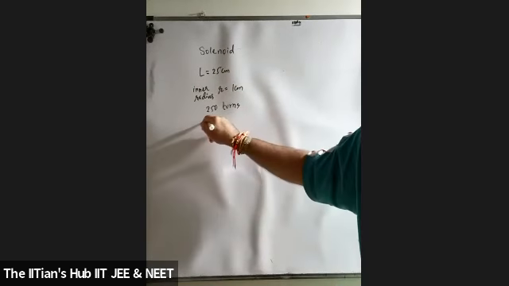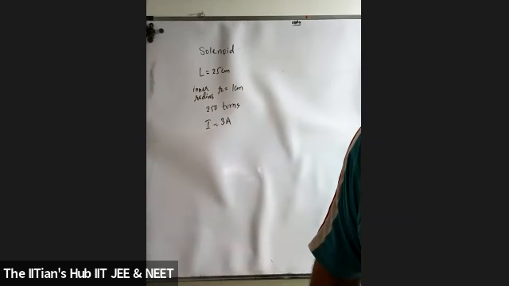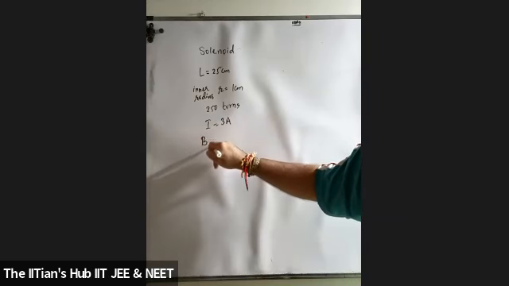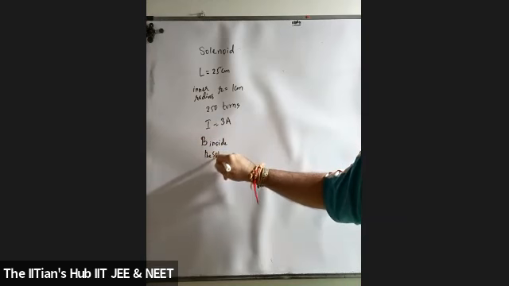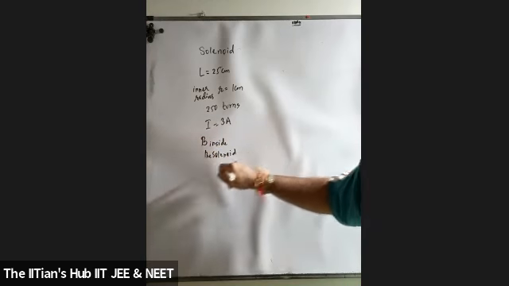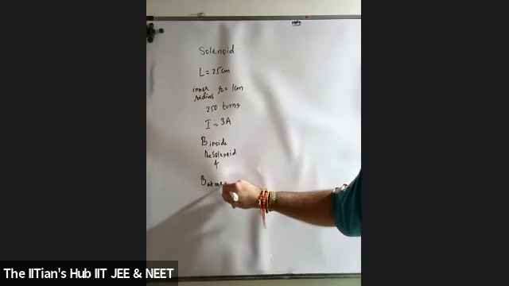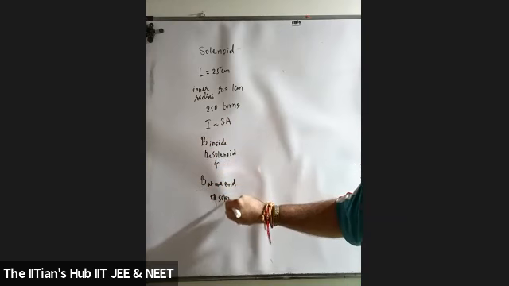The current flowing through it is 3 ampere. Find the magnitude of magnetic field inside the solenoid, and magnetic field at one end of the solenoid.